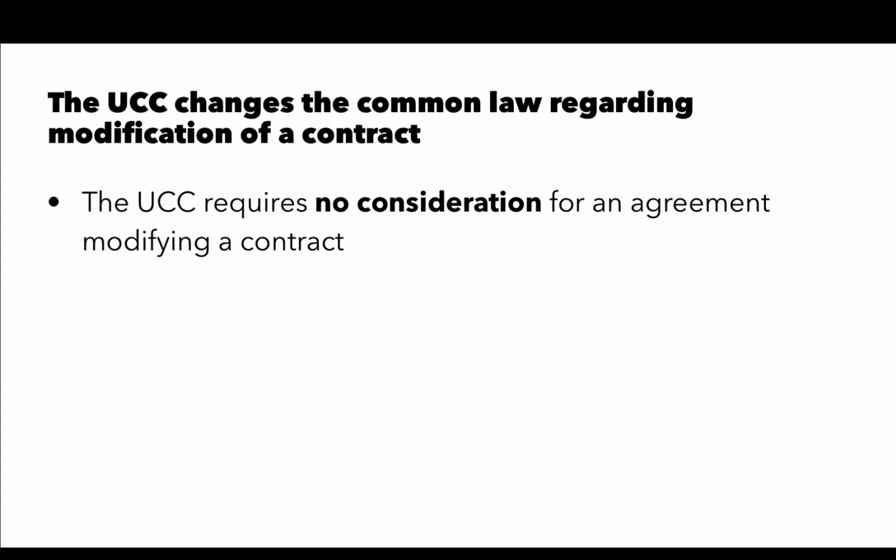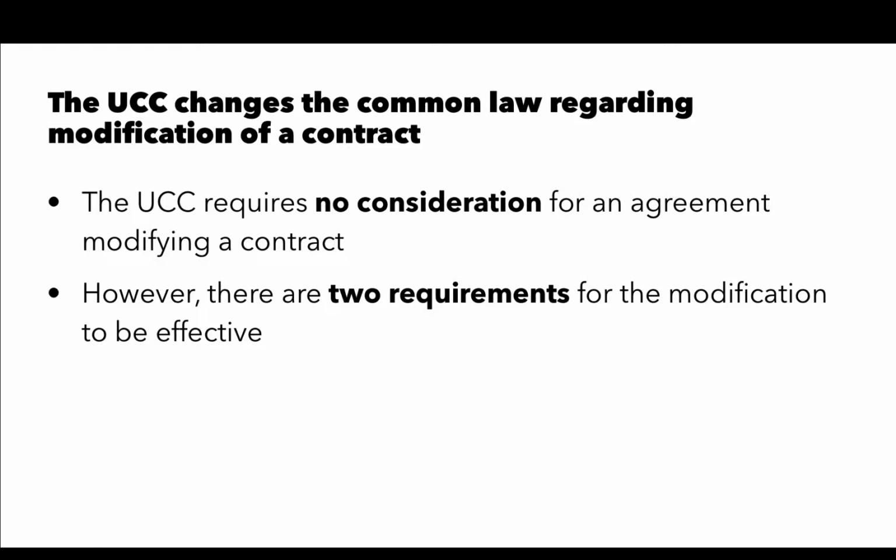So you and I are in a business relationship, and I indicate to you that I don't need these goods on December 1st, but I want to take them on December 15th. You as the seller can make that modification without demanding extra payment. It's a valid modification of the contract. That's a very common sense idea that is excluded from the common law because the common law has very strict rules regarding consideration.